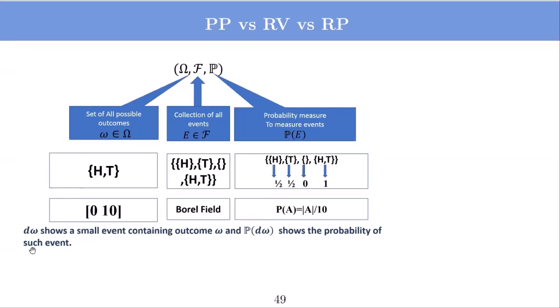In a discrete case, you will just see a singleton event, omega, because there may not be any continuity in the sample space. So d omega is a small event containing outcome omega, and P of d omega is the probability of this small event. Just remember all this notation: omega is the outcome, d omega is a small interval around that outcome, and P of d omega is the probability of that.